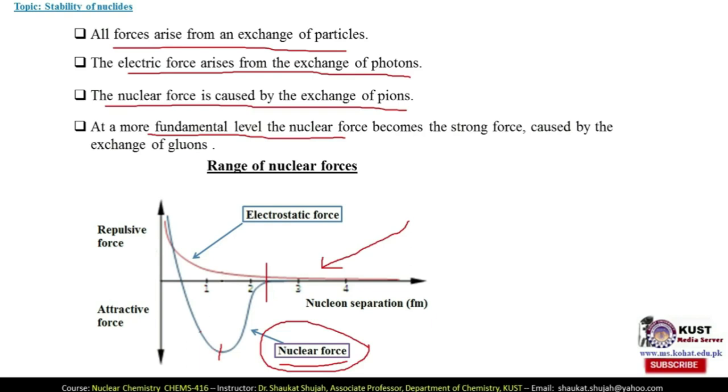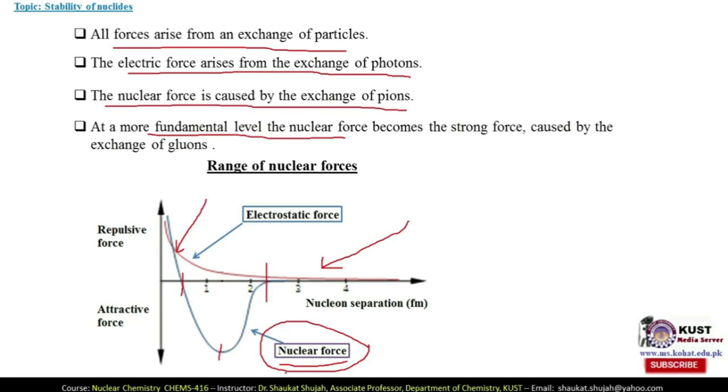However, if the nucleons come even closer, then after a distance of around 0.5 femtometer, a force of repulsion starts to appear between the nucleons. That's the reason the protons and the neutrons retain their identity and the nucleus doesn't collapse on itself.